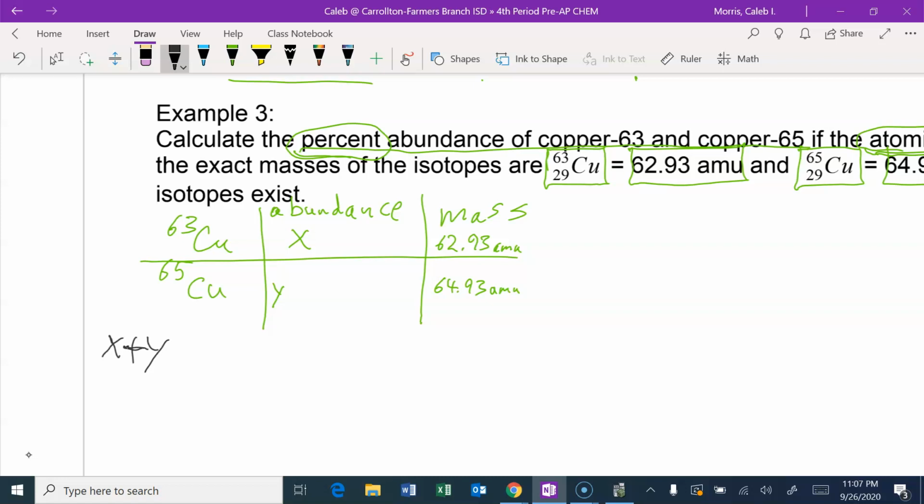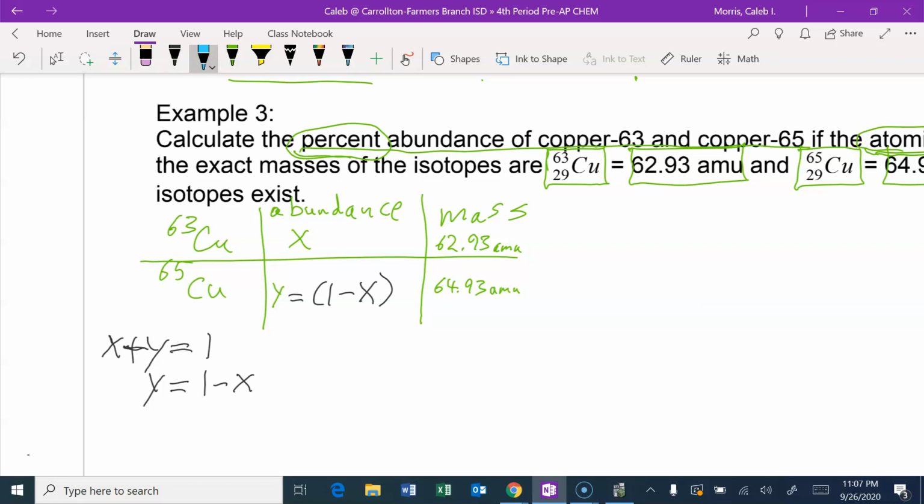So if these are the only two isotopes, then if we added up their percents, they would have to add up to be 100%. And if we added their decimals up, their abundances, they would have to add up to be 1. So I could tell you that Y equals 1 minus X, and that's an important fact we're going to use. 1 minus X. That's the way we're going to plug it into our equation.